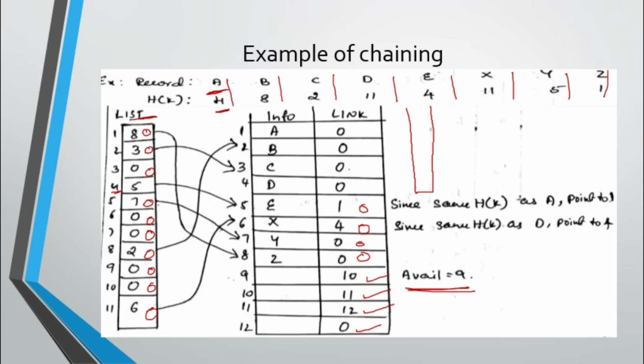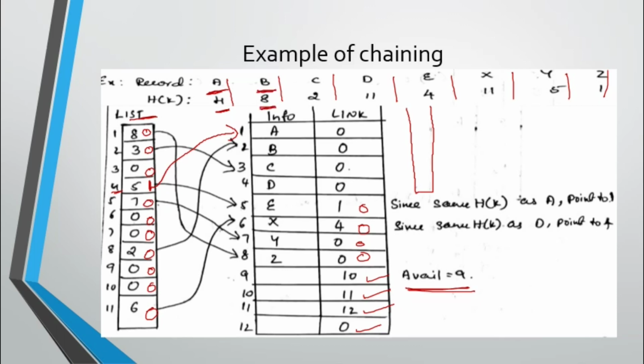What is A's location here? It is 1, correct? So that 0 will be modified with 1, and I need to create a new chain from this to this. This is temporary, students, I will tell you why. Next I need to see the next element B. B is in 8.